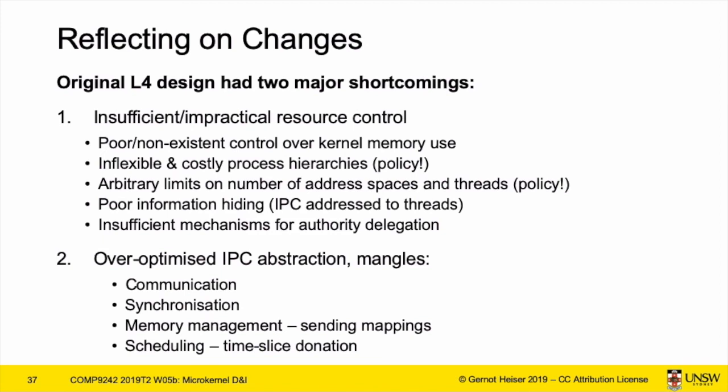And it just had a completely over-optimized IPC abstraction that was trying to do too much. And we disentangled that by throwing some stuff out. Synchronization, we now have notifications for that. Memory management is done differently, and scheduling is done differently.